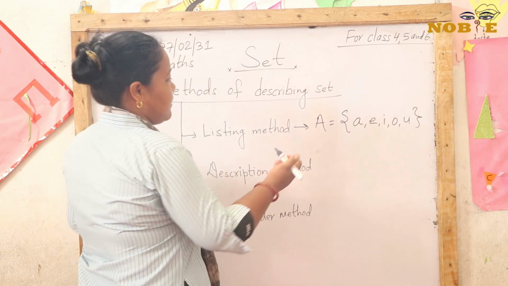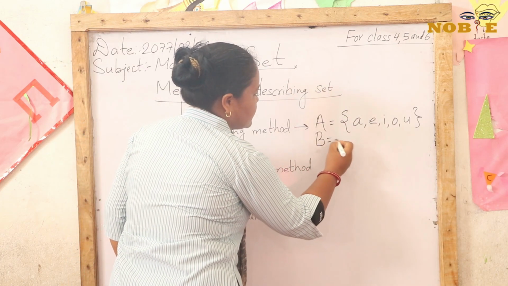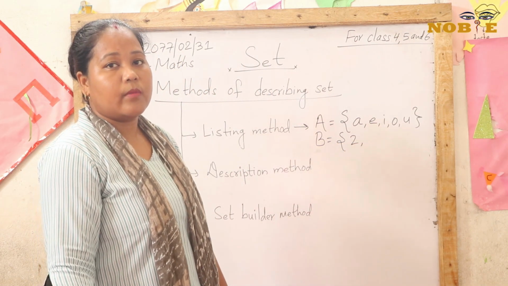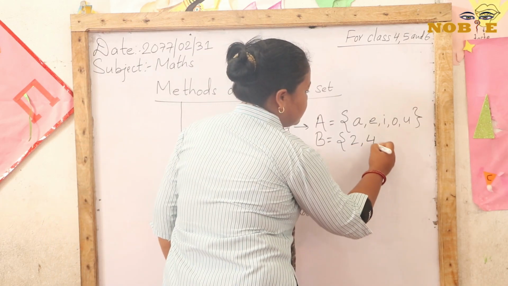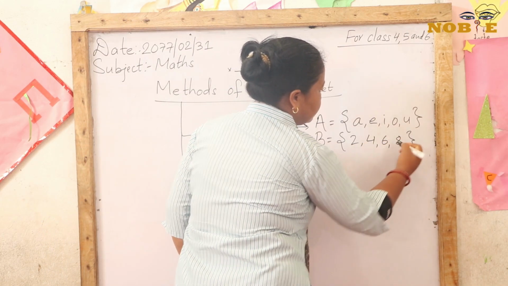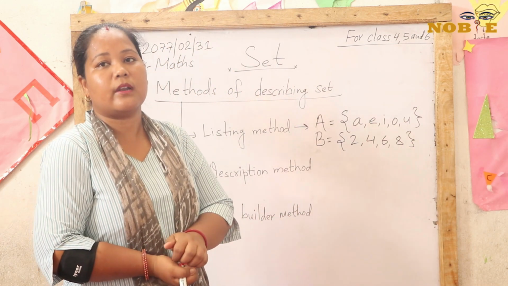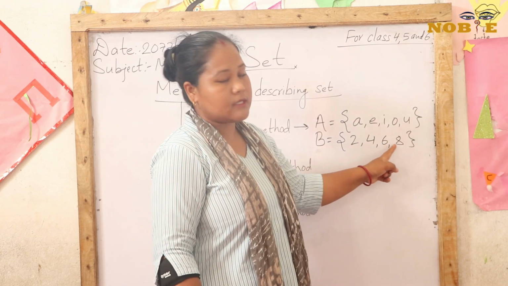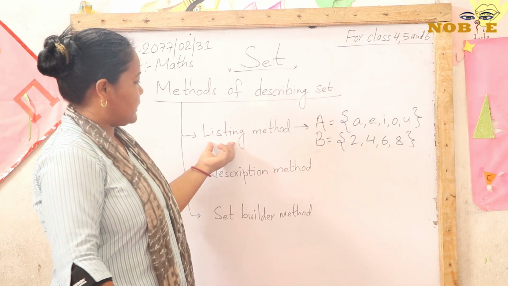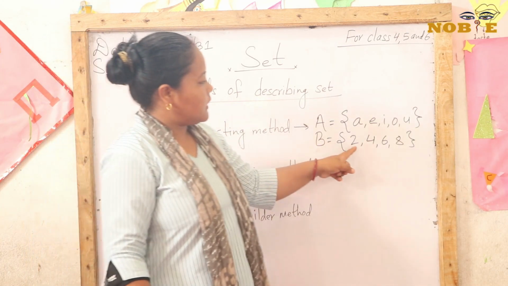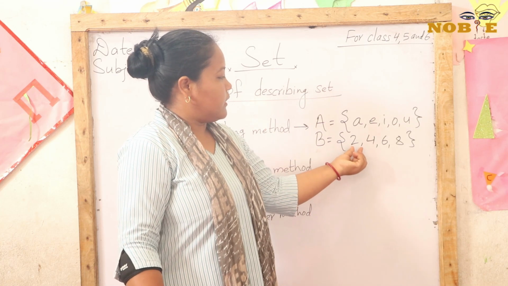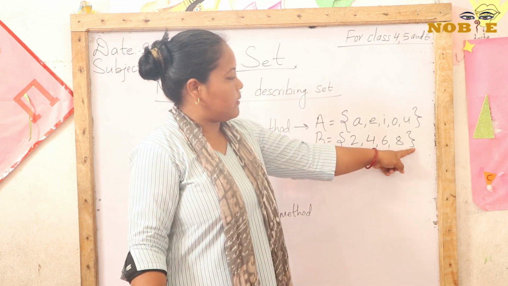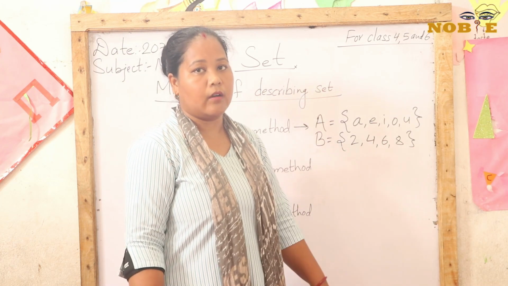Another example. The set of even numbers less than 10: 2, 4, 6, 8. By using the listing method, we list out the even numbers less than 10, and they are enclosed by curly brackets and separated by comma.